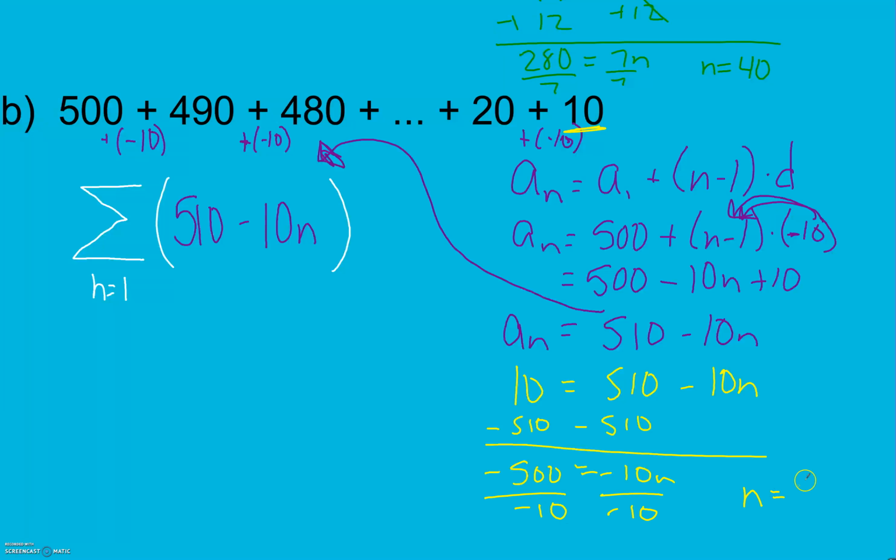And n is going to be 50, which means 10 is my 50th term. Some of you might have gotten that just from 500, subtracting 10 every time to get to 10. Cool, if you got there. If not, we substitute in our value of our nth term and solve for n, and we get 50 here. And that is our summation.